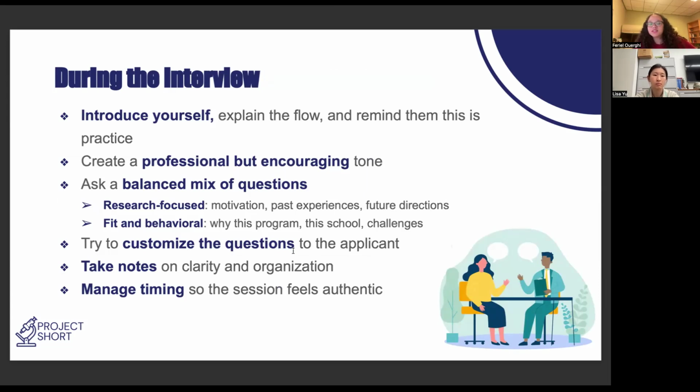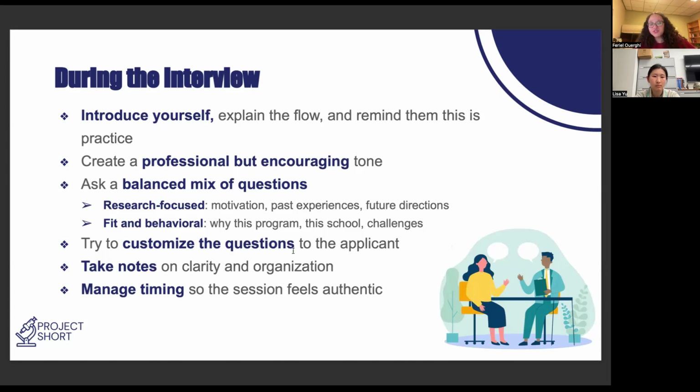What this means is to create an environment where they feel comfortable, but it also mimics how the interview environment would be. We also encourage you to ask a balanced mix of questions. So you want to ask some research-focused questions like their motivation, their past experiences, future directions. And you also want to ask fit and behavioral questions as well. So why this program, why they're applying to this school, any challenges they've been through.